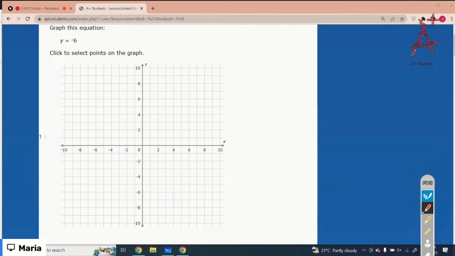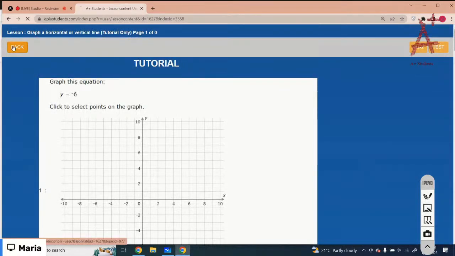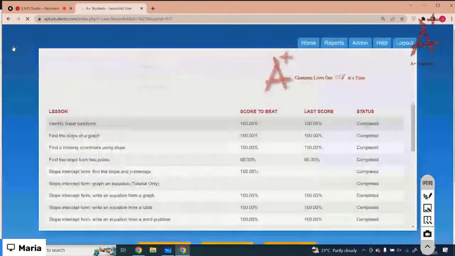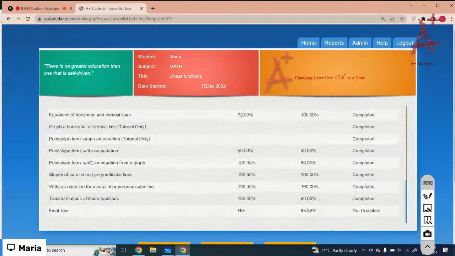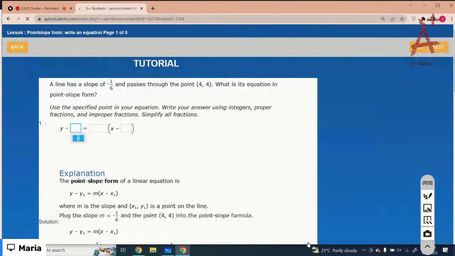Okay, let's just learn the point slope form of the linear function. Let's just learn the point slope form of the equation.